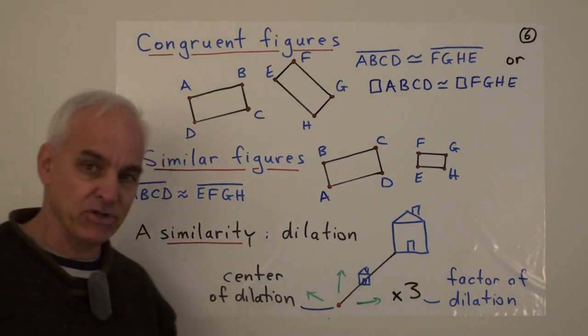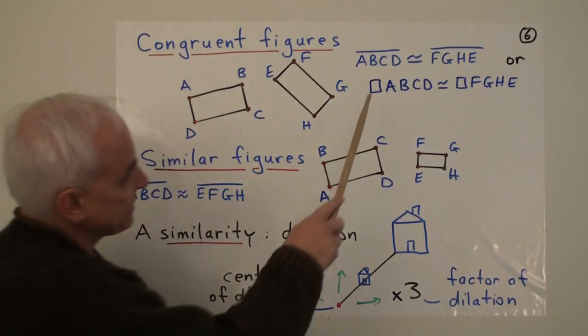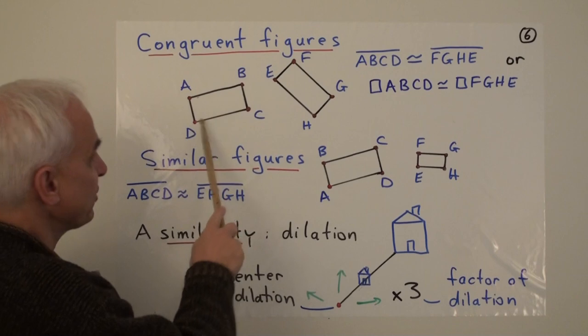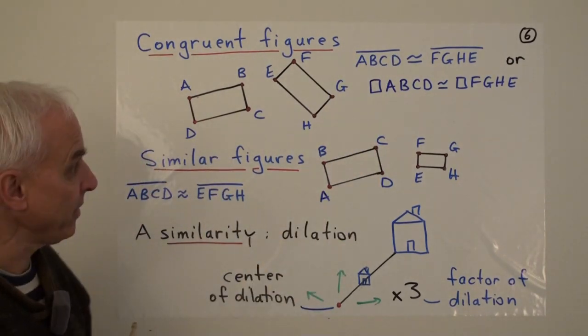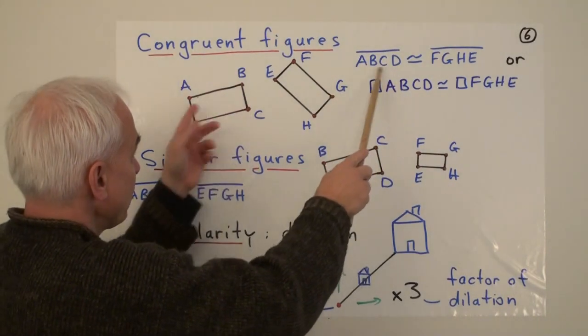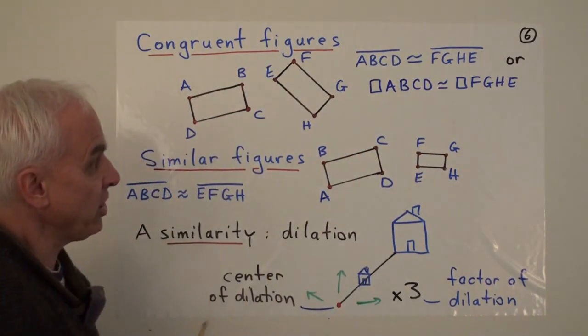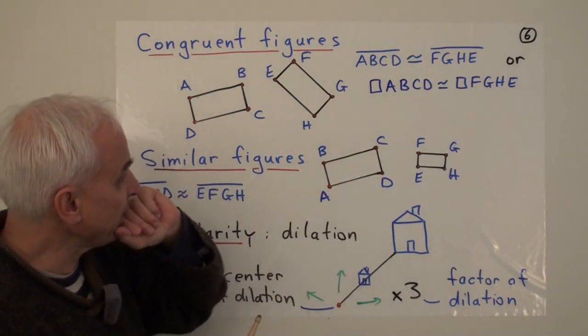In the world of geometry, this is like equality of some kind. And this is the symbol that we would often use for that. So one way of describing this rectangle is to write ABCD with a line over it. That's what I prefer. So this means that this rectangle ABCD and this rectangle FGHE are congruent. And it means actually something a little bit stronger.